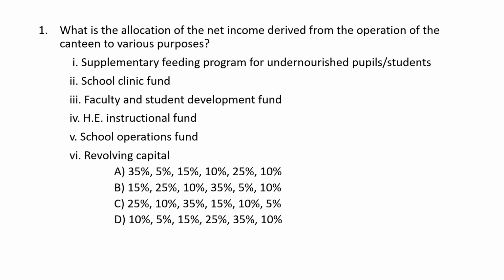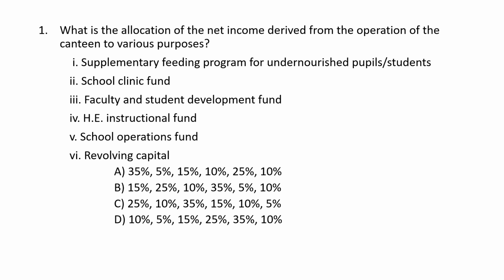Let us start. Question number 1. What is the allocation of the net income derived from the operation of the canteen to various purposes? 1. Supplementary feeding program for undernourished pupils or students. 2. School clinic fund. 3.